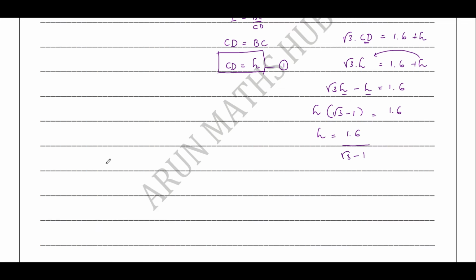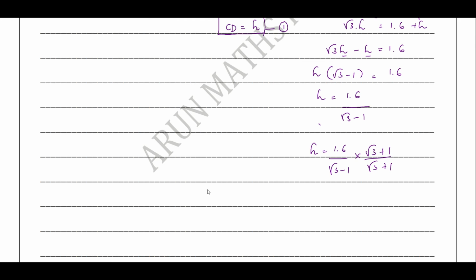Students, since the denominator is in irrational form, convert it into rational form. For a binomial, change the sign and multiply and divide by it. That is H equals 1.6 by root 3 minus 1 into root 3 plus 1 divided by root 3 plus 1. H equals 1.6 into root 3 plus 1 divided by, it is of the form a plus b, a minus b.